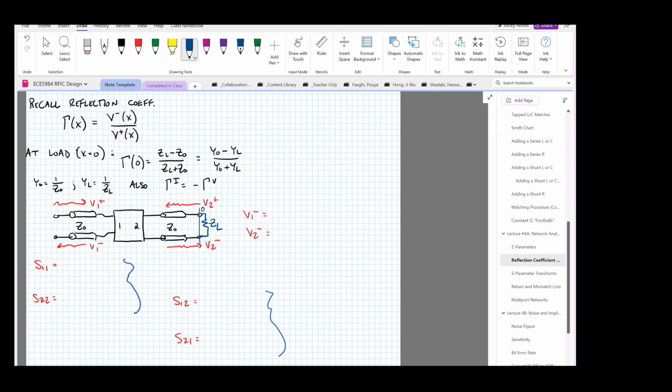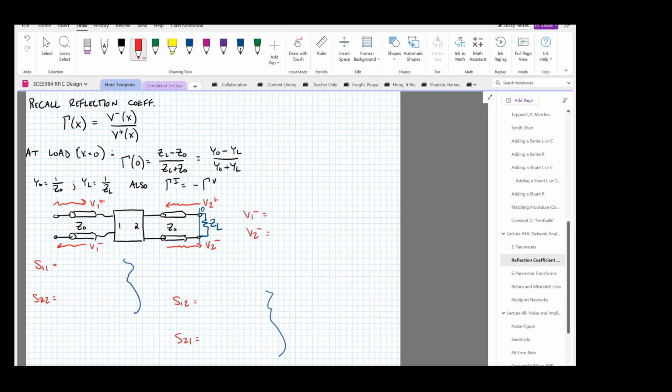All right, so here in our system, we have a wave that propagates in V1 plus, and we have outputs that might propagate out of the system, V1 minus and V2 minus.